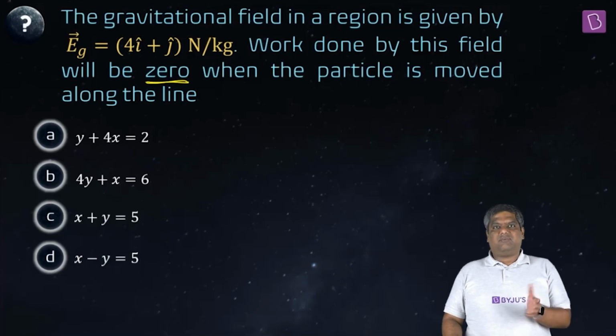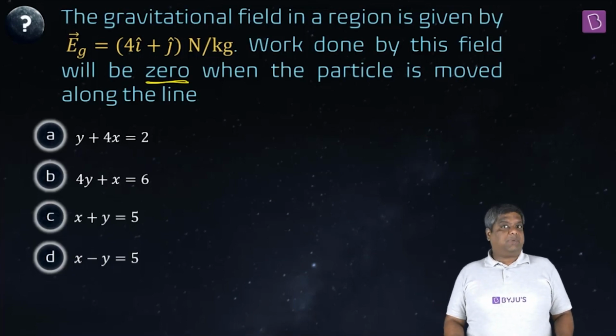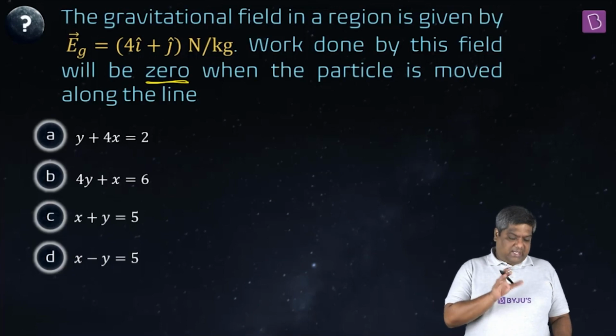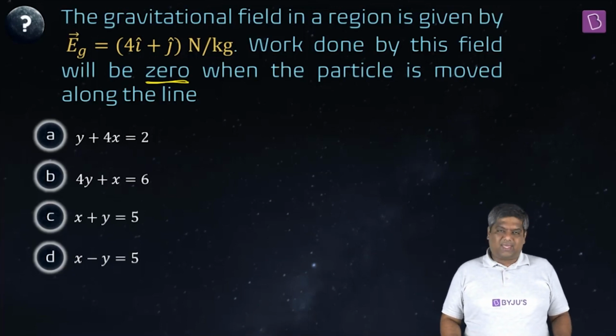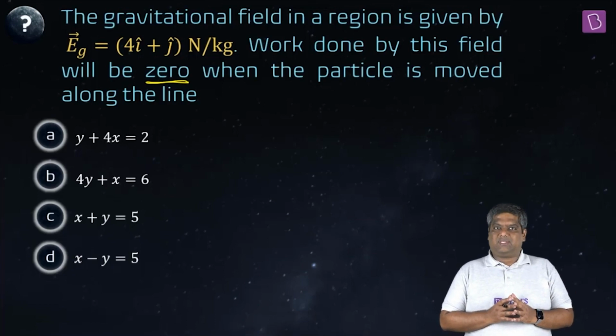If the work done by the force has to be 0, then the force and displacement must be perpendicular to each other, which means the straight line along which the particle in question is moving must be perpendicular to the gravitational field vector. Only then the work done will go to 0. That's the idea you have to have in your mind in order to attempt this question, right?